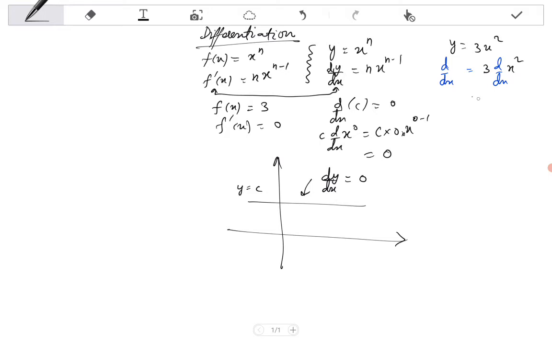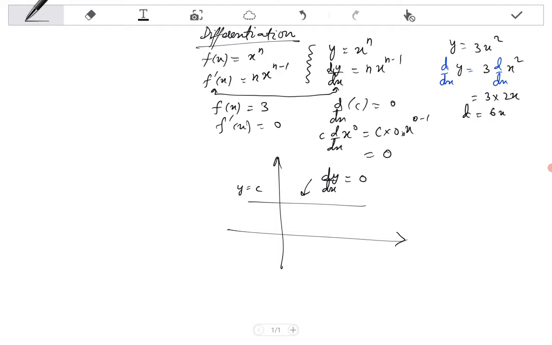So in this case, 3 is left as it is. x squared becomes 2x, because the original power 2 comes in the coefficient and the power is reduced by 1, from 2 to 1. So 2x is the derivative of x squared as per the formula: for y equals x to the n, the derivative is n times x to the n minus 1. So this becomes 6x finally.